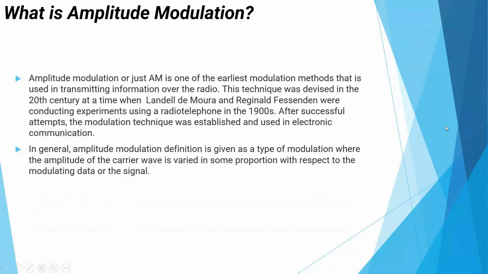It was developed during the first quarter of the 20th century. The original form of amplitude modulation is sometimes called double sideband amplitude modulation because it produces sidebands on either side of the carrier frequency.